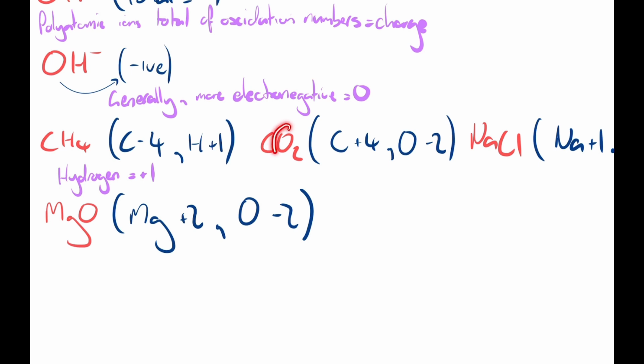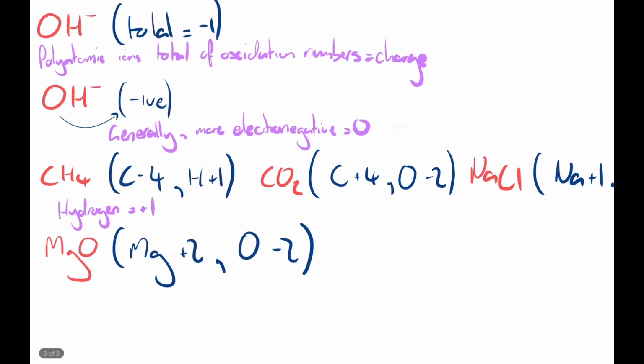Next, oxygen here, the most electronegative. So you can see here, carbon is more electronegative, so it's negative in this case. Here, in this case, oxygen is the more electronegative, so that is the negative one. Now here, this is our rule.